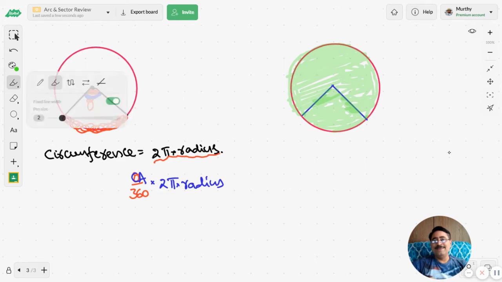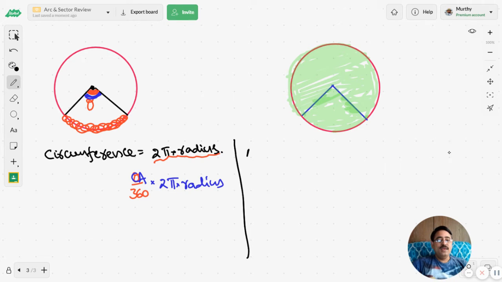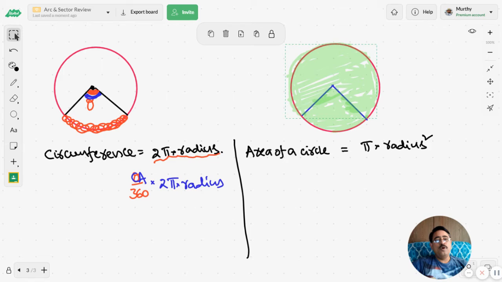Sorry, the whole thing is the area of a circle. So let me write that: area of a circle is pi times radius square. But you are taking a portion of that.